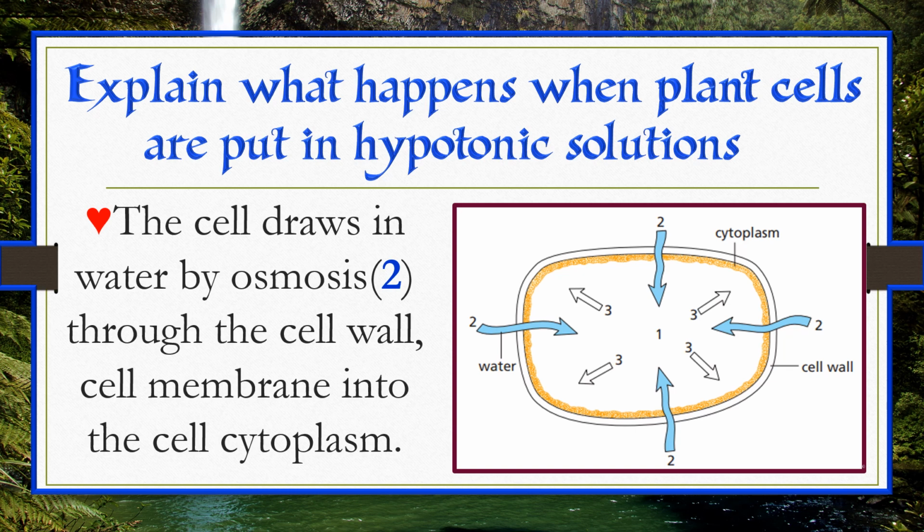The cell will draw water by osmosis, shown by arrow 2, through the cell wall and cell membrane, into the cell cytoplasm, which is number 1.